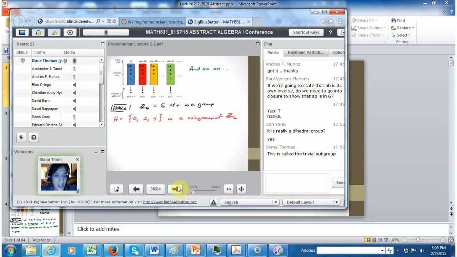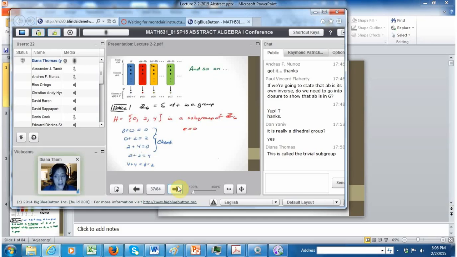But if I take the three elements 0, 2, and 4, those three elements form a subgroup of Z6. First, it's closed, because if I do any addition back and forth, it remains self-contained. So the subset H is closed under addition. E is 0. From the big group, the same E is the E in the small group.